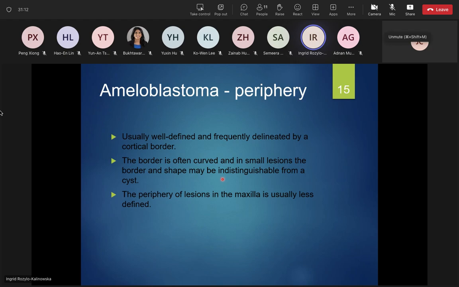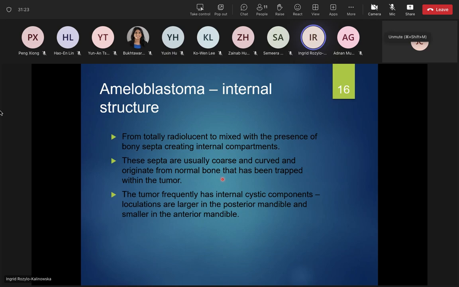So it's usually well defined, and it has a cortical border which is curved, and the lesions can be either unicystic, so there is one compartment of a tumor which is completely radiolucent, but more typically the tumor is septated, so it has septa, which are remnants of destroyed bone.